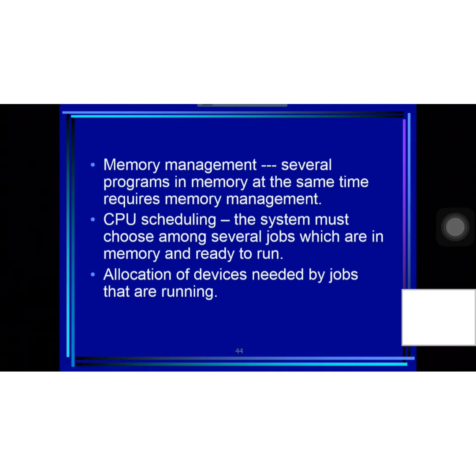CPU scheduling, which is also called process scheduling. Finally, when running multiple jobs, the system must choose among several jobs which are in memory and ready to run. And allocation of devices needed by jobs that are running.